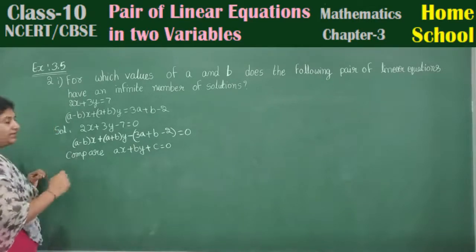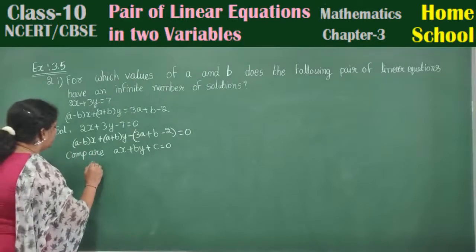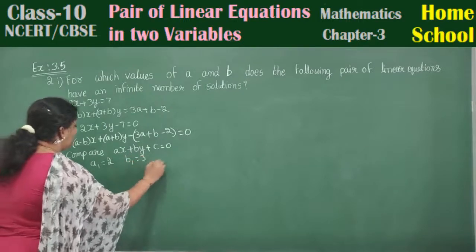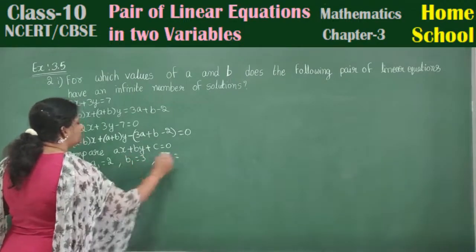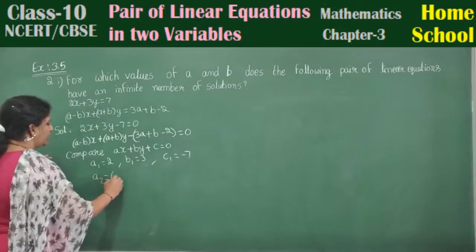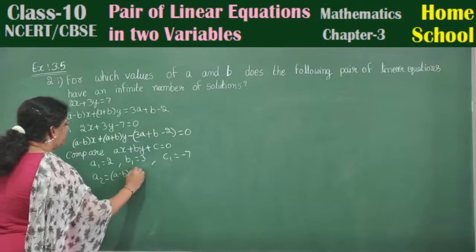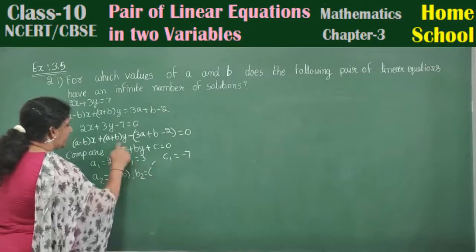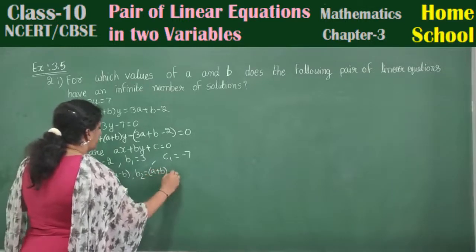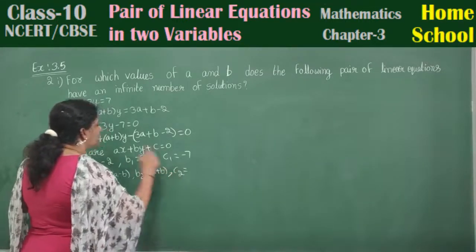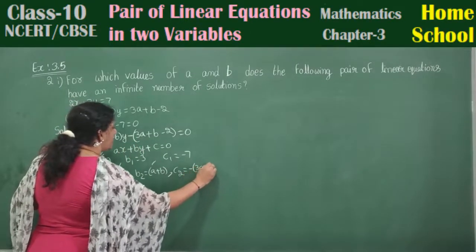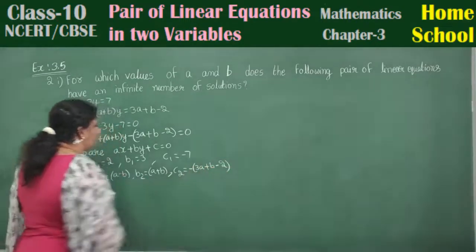Okay, let's write here. Compare and write a1 value as 2, b1 value is 3, c1 value is minus 7. Similarly, a2 is equal to a minus b, b2 is equal to a plus b. You can remove brackets, no problem. c2 is equal to, you need to take the sign also, minus of 3a plus b minus 2.